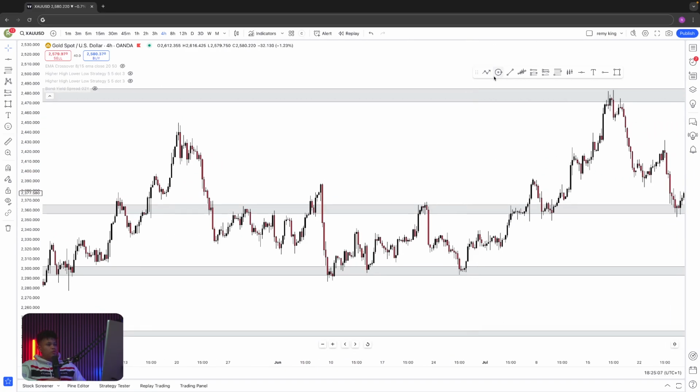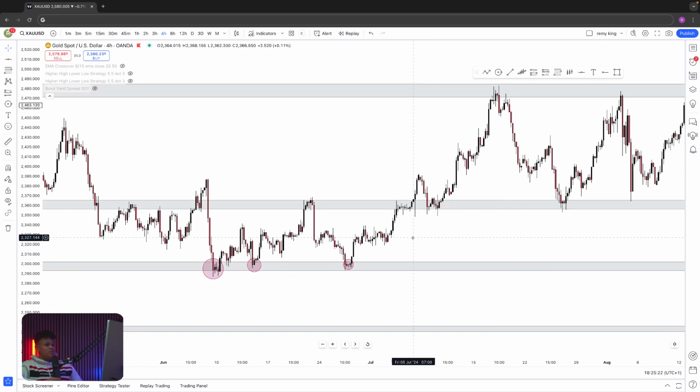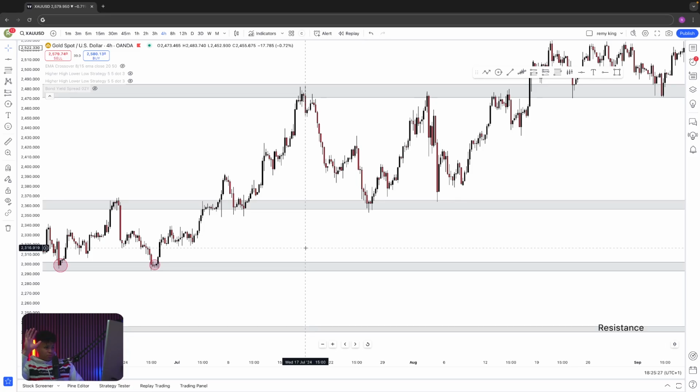We have multiple rejections, so we have market structure, support structure, absolutely beautiful, guys. It cannot get any better than it is right now. So for the last part, now we know how to draw in resistance and support the best way possible based off of this concept.